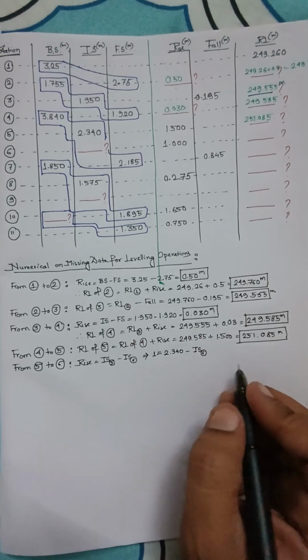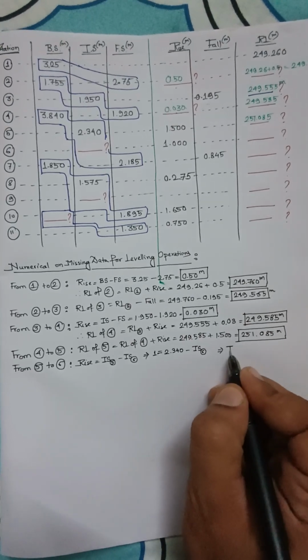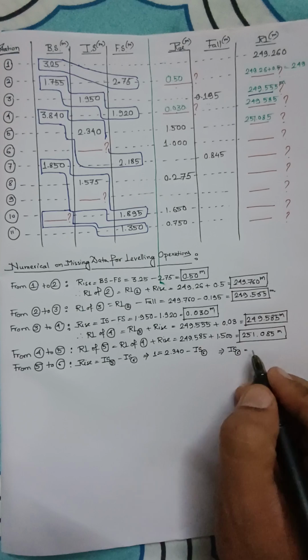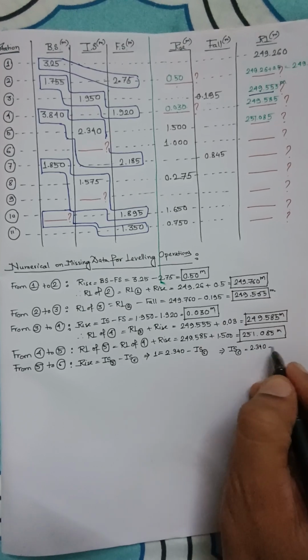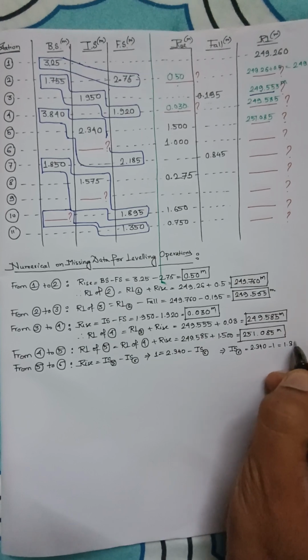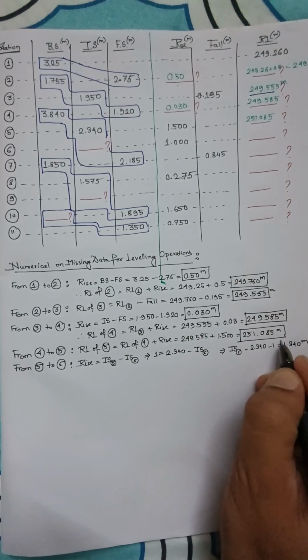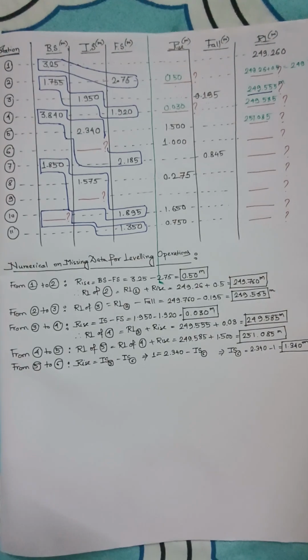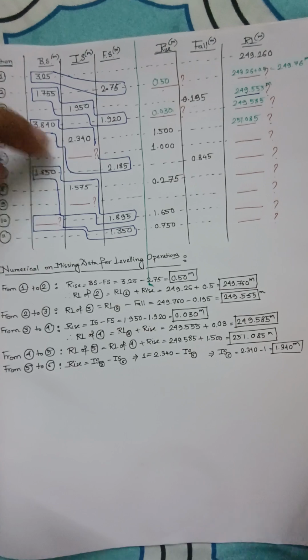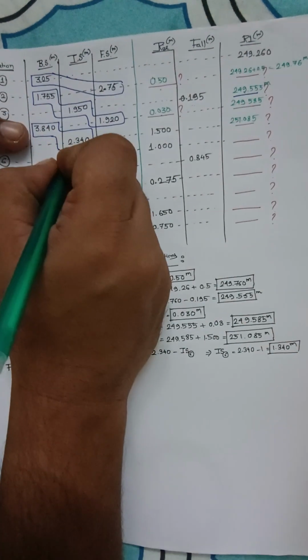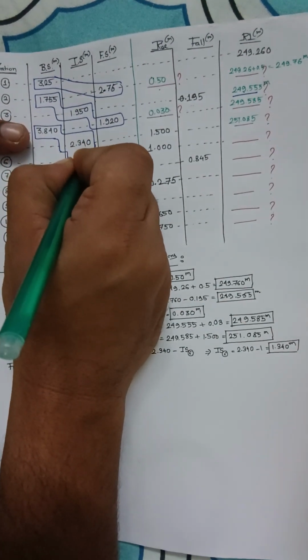So therefore, IS of 6 will be equal to 2.340 minus 1 is equal to 1.340 meter. So basically we have found out this to be as 1.340 meter. See, missing data is sorted.